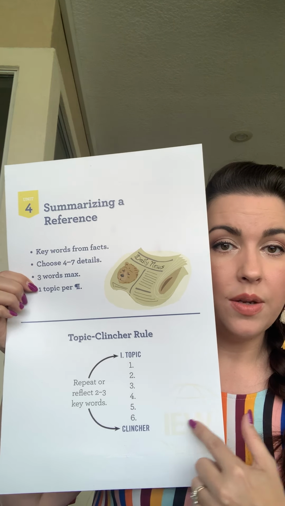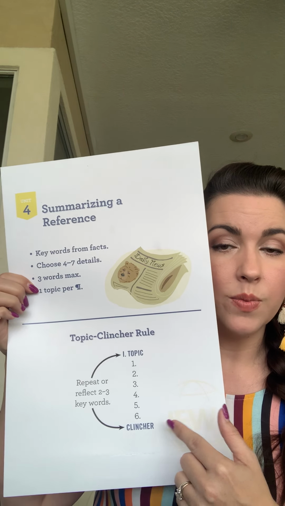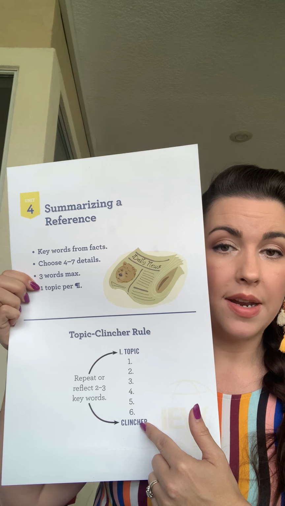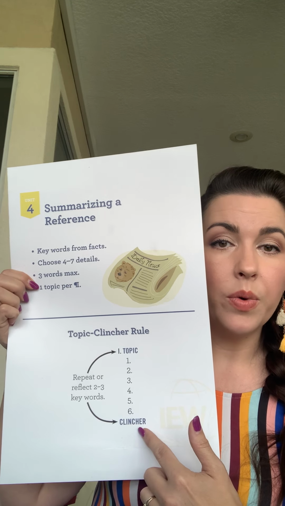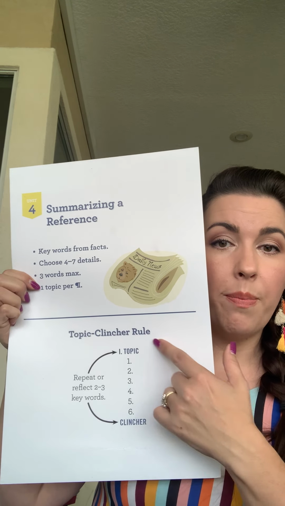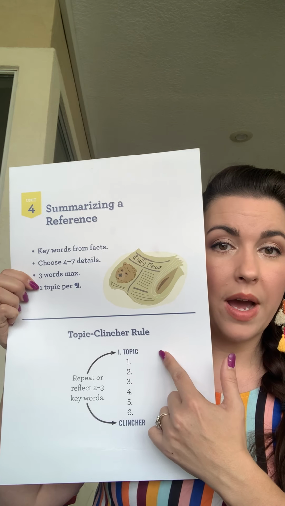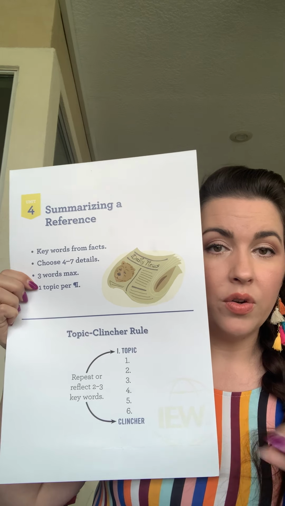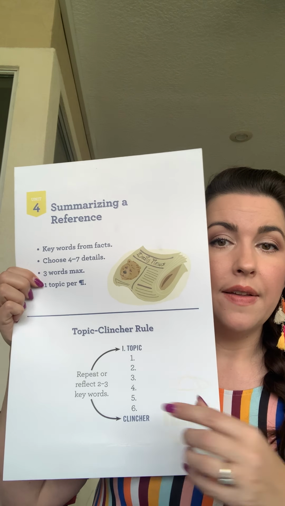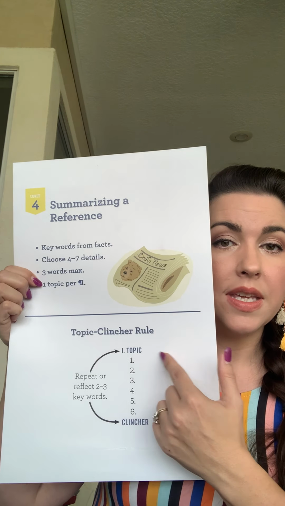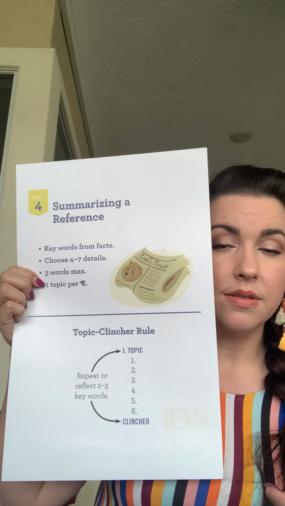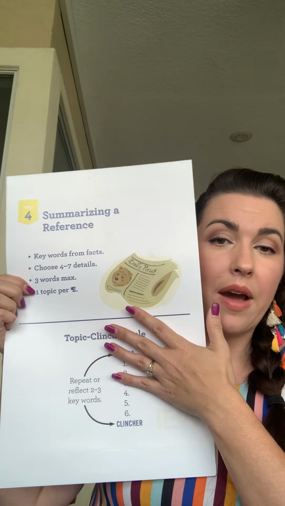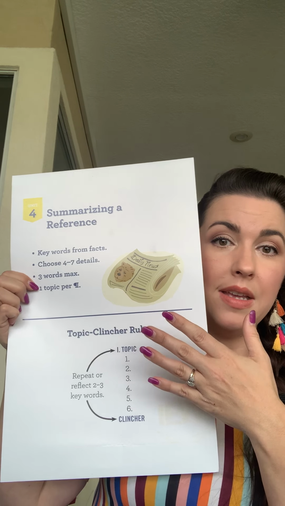You don't actually keyword outline and put any keywords here, because when you get to this part in your writing, when you're composing and actually writing, when you see that word clincher, you know that it means to go back to your keyword outlines that you had for your topic here, and you're going to write a good final clincher sentence that repeats or reflects these keywords from your topic sentence. Okay, so remember that. That was the first step in learning how to do this basic essay.